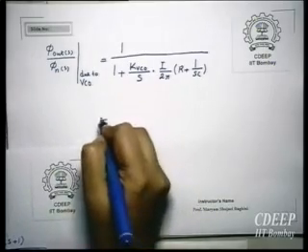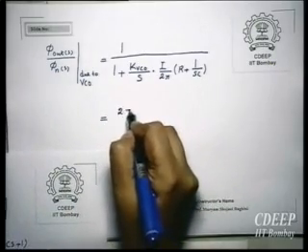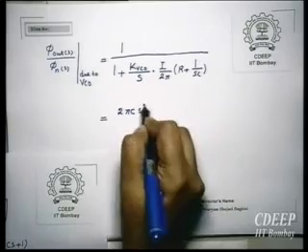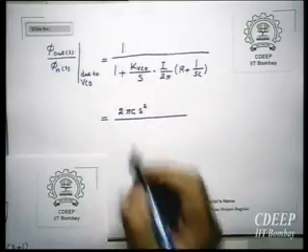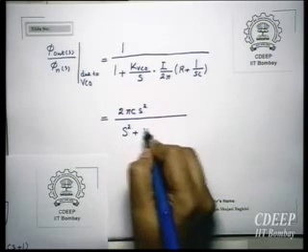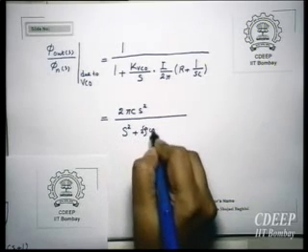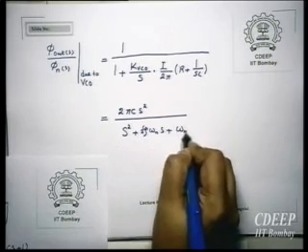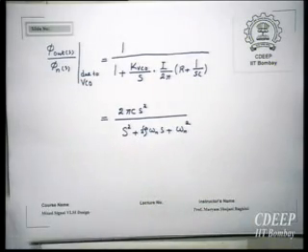So the transfer function will be s square divided by s square plus 2 zeta omega n s plus omega n square.